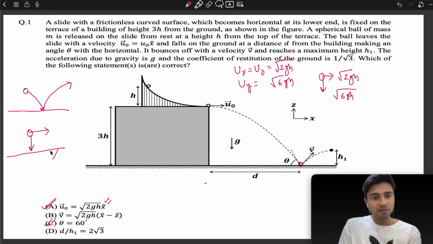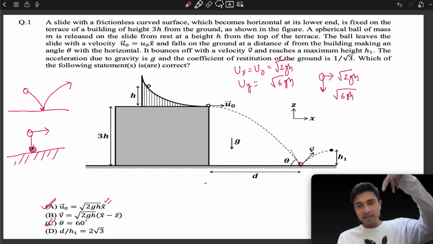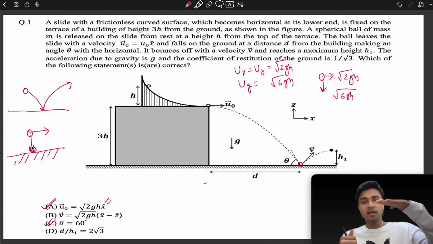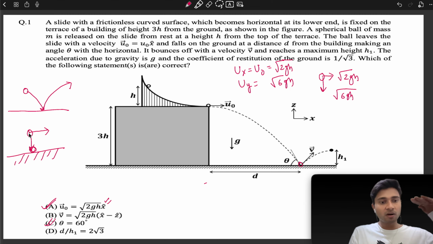If I see from the ground, from this point, only the vertical component is contributing towards the velocity of approach. The horizontal component is not helping us to approach towards the ground. Collision is happening here. Which component is dealing with that? The vertical component.